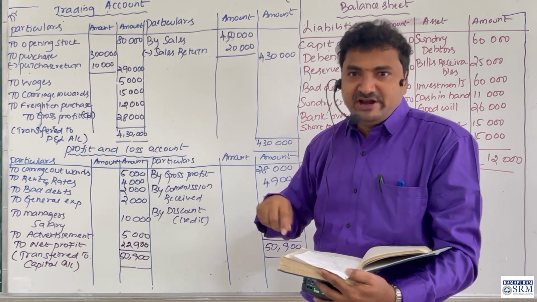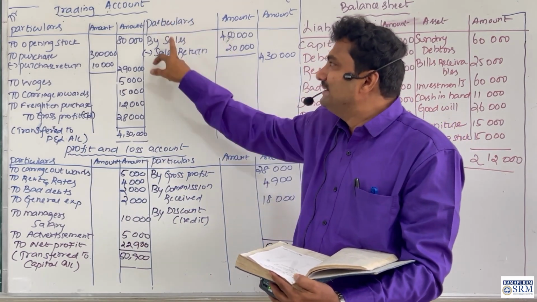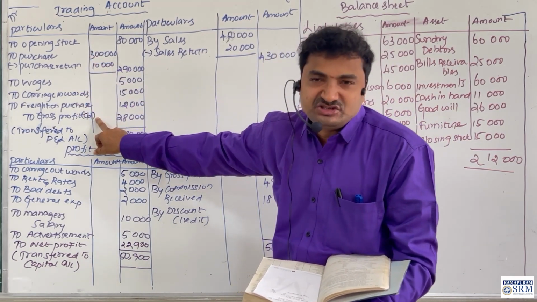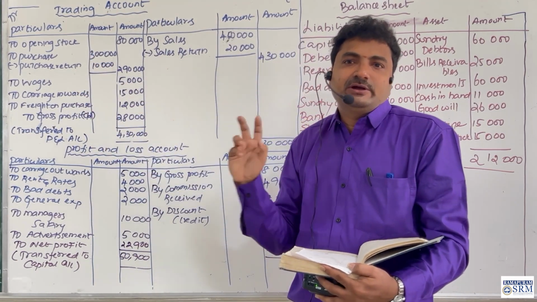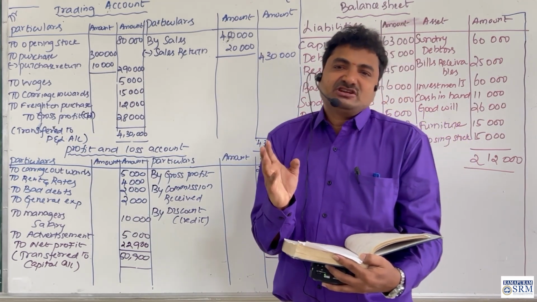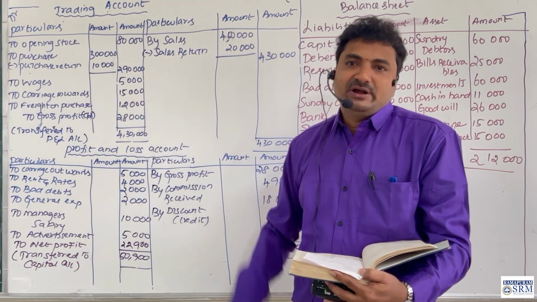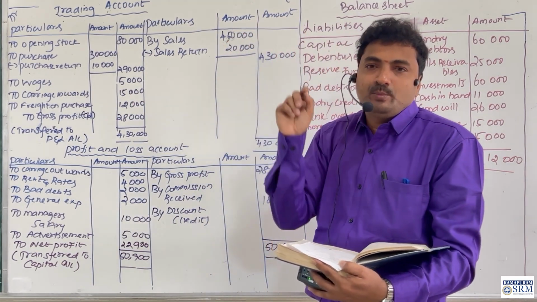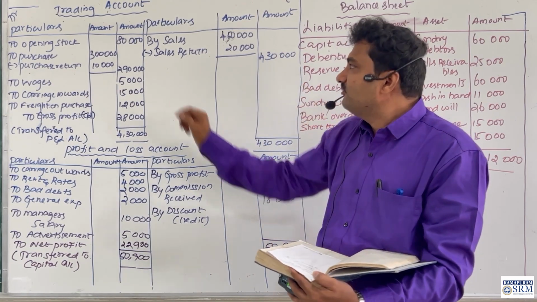Okay, I repeat once again. In the trading account debit side, you have to input all the expenses related to your production activity. Simply, we can call it factory related activity. Then you have the credit side. On the credit side you have to input income, sales.